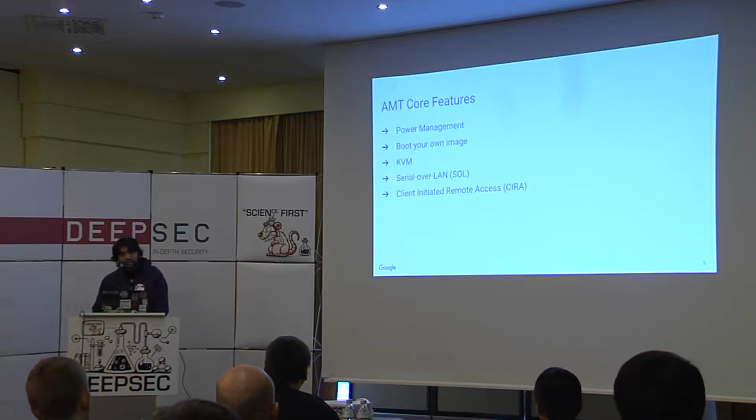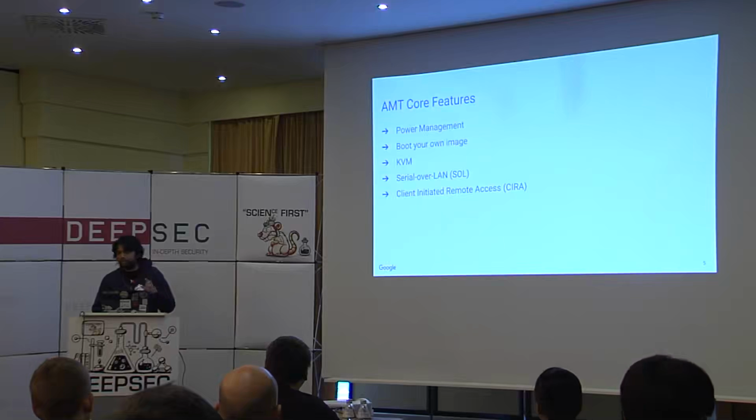And one of the most interesting features is the client-initiated remote access, or CIRA. So one use case is a user is off-site, and they can initiate remote help at boot time. It'll work with a broken OS or even if there is no OS. Again, all you need is power and network. The idea for this is for AMT to connect to an admin server when someone's off-premise and create a tunnel for support personnel to come back through.